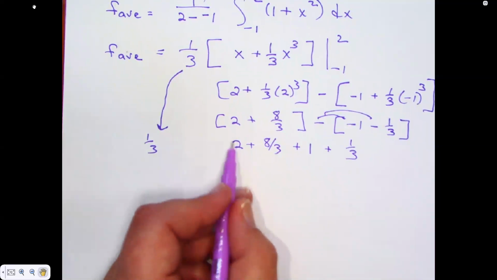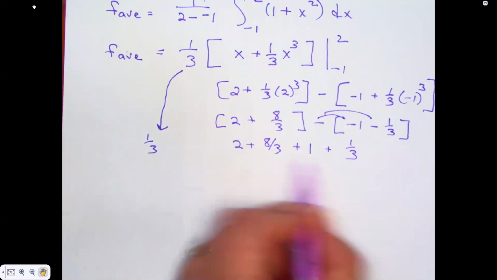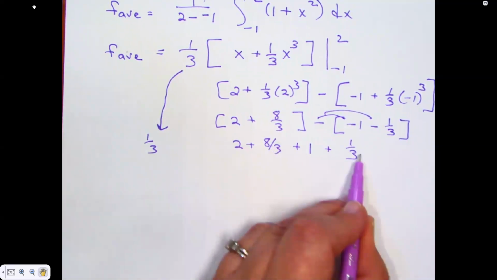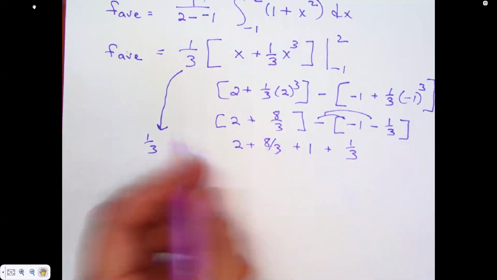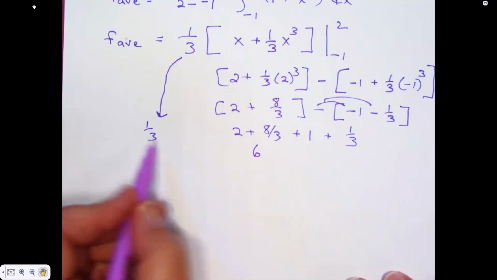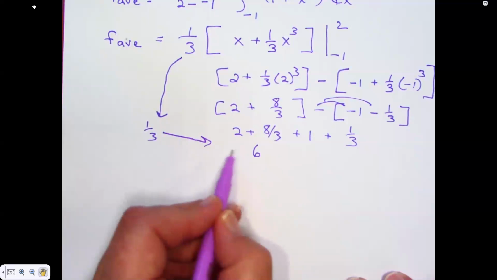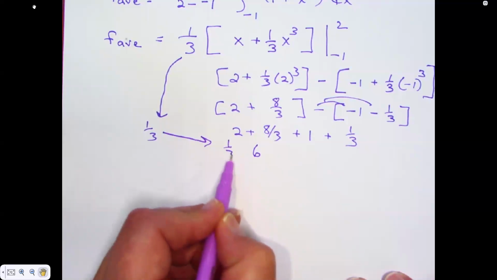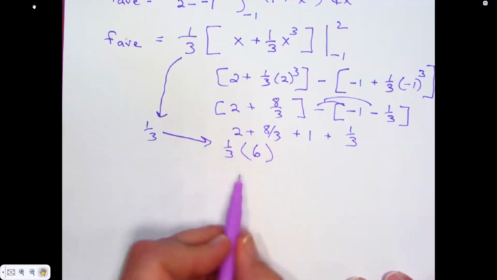So that takes us to what? You could use a calculator if you want. This gives us 6. Now don't forget, I still have to take it times my 1/3. So it is 2.